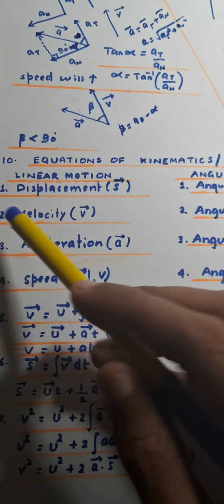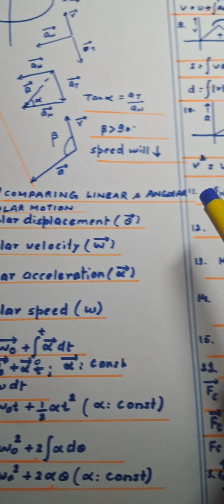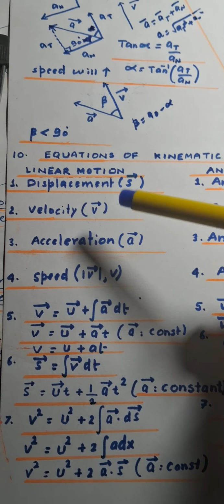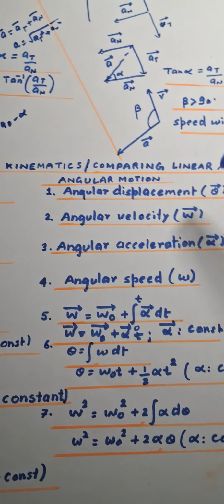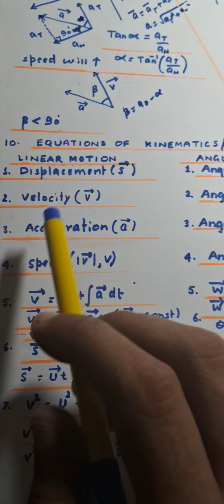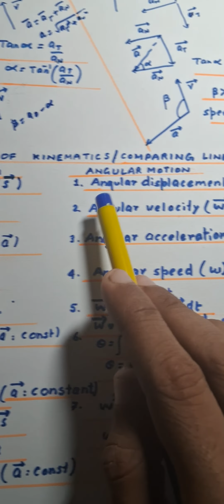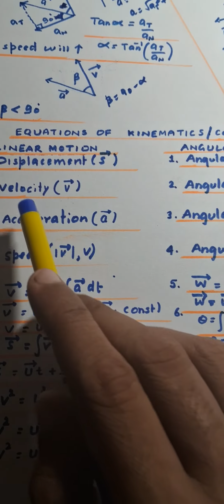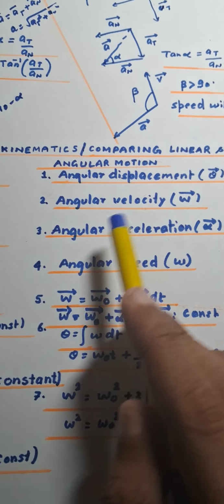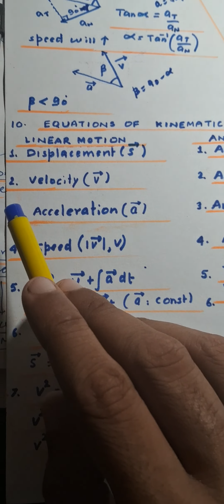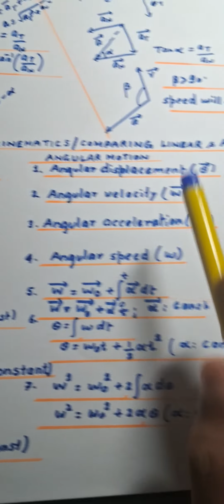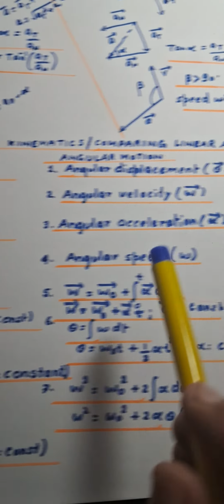Now let's see some comparison of equations of kinematics, comparing linear and angular parameters. On this side we have linear motion, on this side we have angular motion. In linear motion we have displacement, in angular motion we have angular displacement. In linear motion we have velocity, in angular motion we have angular velocity. In linear motion we have acceleration, in angular motion we have angular acceleration.